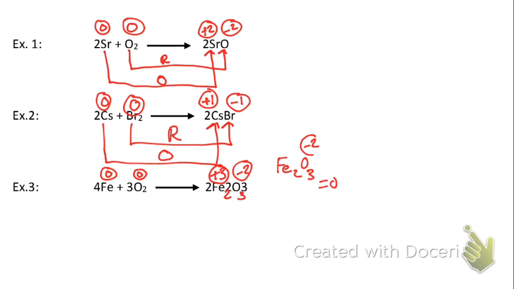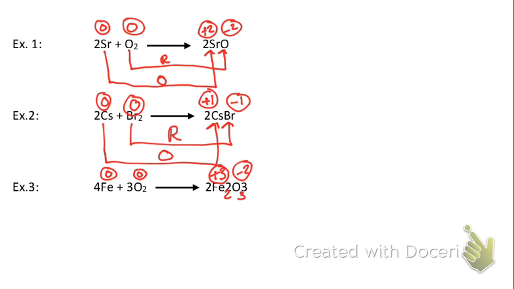Oxygen is always a -2 oxidation number unless it's a peroxide, and this is not. So therefore, we have 6 negative charges, -2 times 3. Therefore, iron must be a +3 oxidation number, to get 3 times 2, +6, to get a 0. Okay? Just as a refresher there.